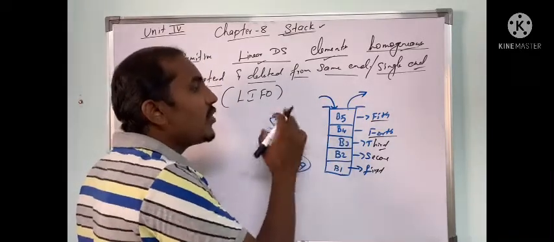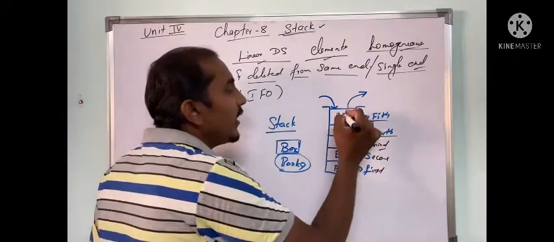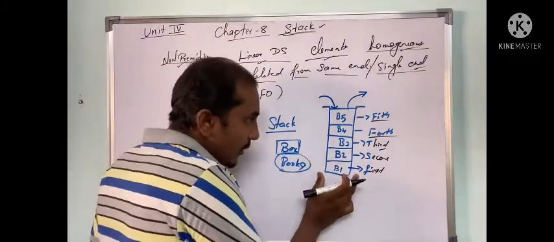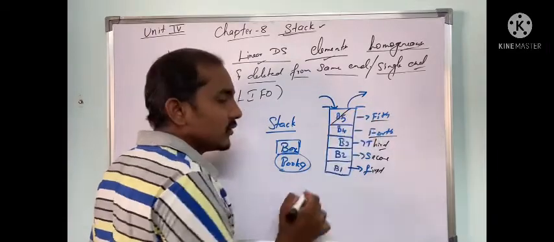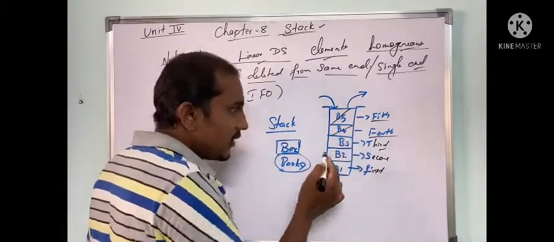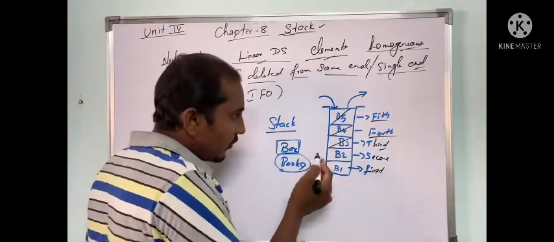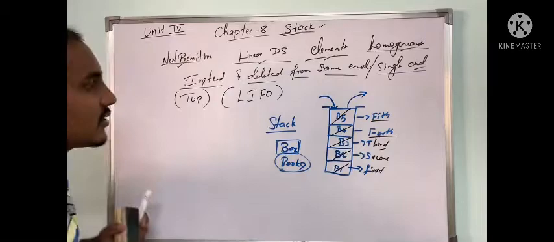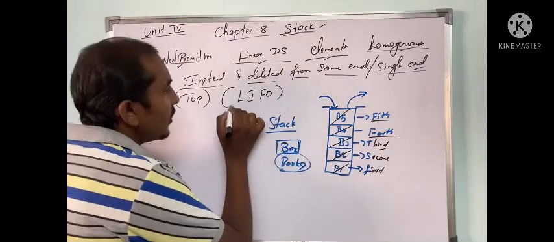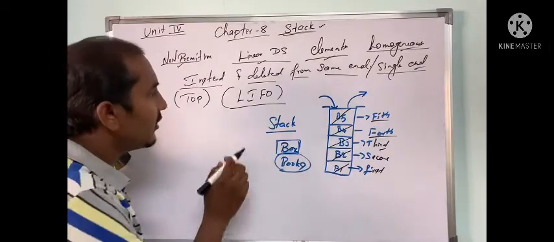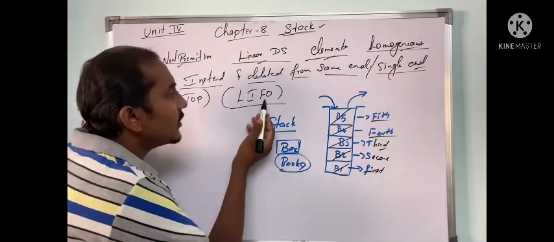Now, when I try to remove an element, I cannot remove B1 first. If I want to take out B1, I need to remove B5 first. After B5, I can take B4. After B4, I can go for B3, B2 and then B1. So if you observe how the stack works, it works in the form of last in first out.